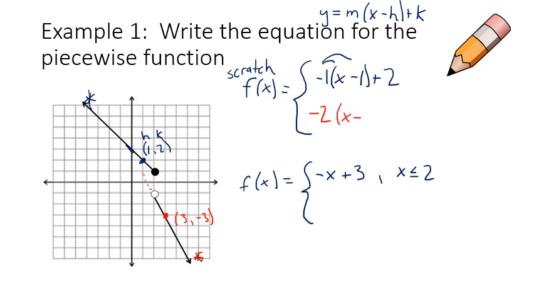Parenthesis x minus h plus k, and k is negative, so I subtract. When I distribute and combine my like terms, I get -2x plus 6 minus 3 leaves me with +3. Going back to the graph, if I project that out, it looks like it will cross around +3.